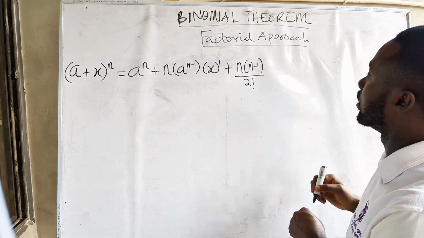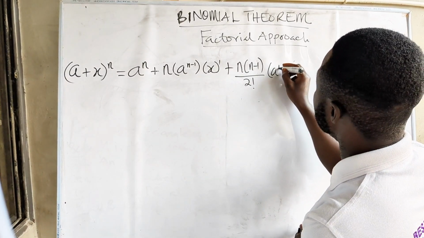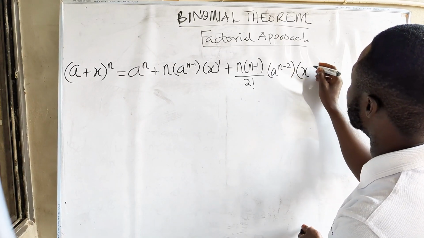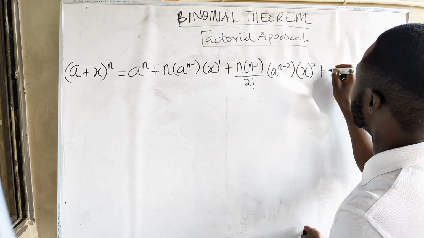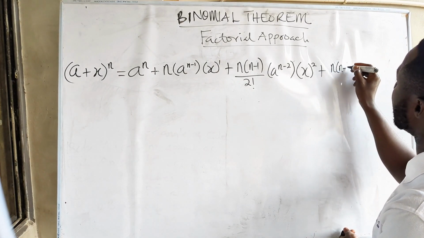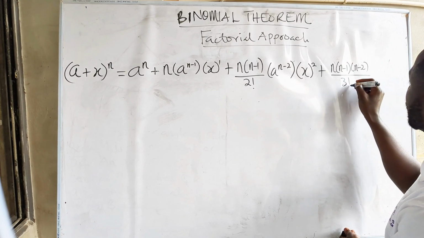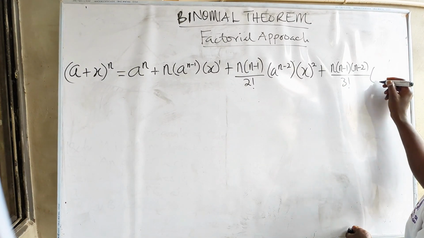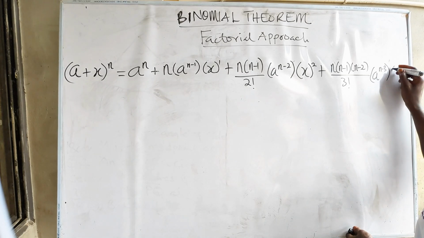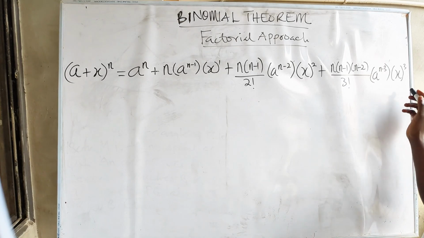Here we have our a, whose exponent will reduce by 2, so n minus 2 comes in. Then the x will take the exponent of 2. Plus, then we have n multiplied by n minus 1 multiplied by n minus 2 divided by 3 factorial. Then our a exponent will reduce by 1 again, then the x exponent will take what has reduced here.